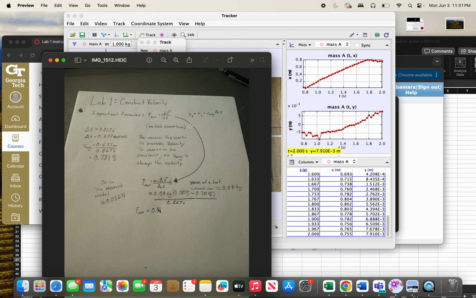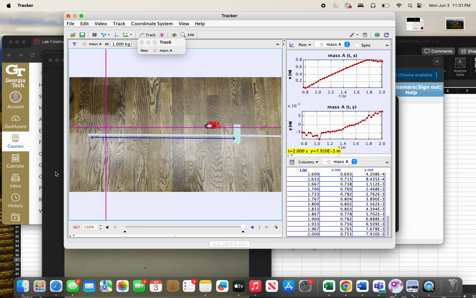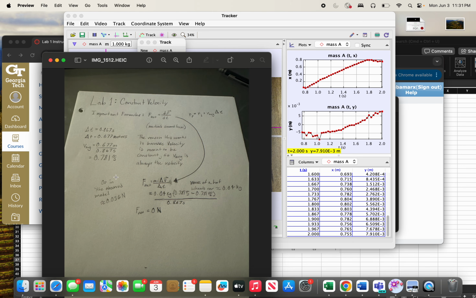So it's a cool way to conceptualize and really see how we would get constant velocity. Unfortunately, it's really hard to do that in real life because we don't live in a vacuum.